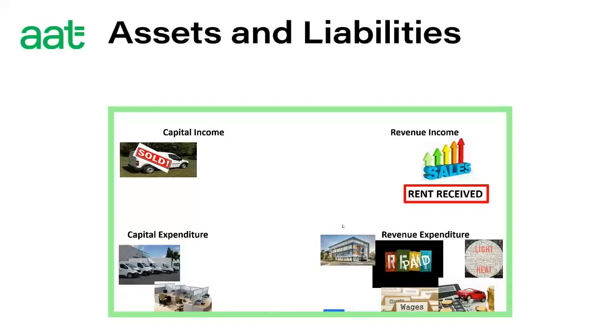Finally, where would this go? So that's CE, capital expenditure, from one person. Let us see if anyone else has got CE. CE. Perfect. Yeah. They're just amazing, our AAT students.